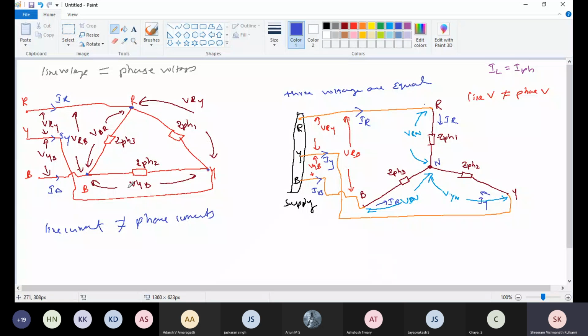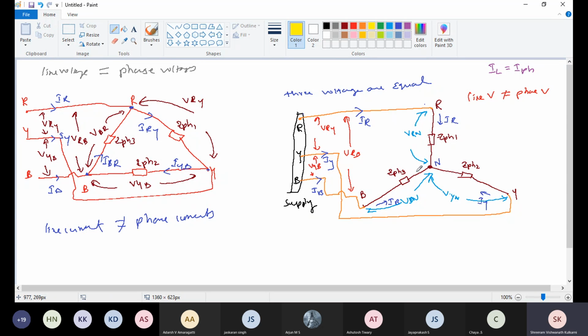Then how am I going to denote those phase currents? R to Y, IRY, Y to B, IYB, B to R, IBR. Just keep in mind, this is a simple one, but you have to remember it.